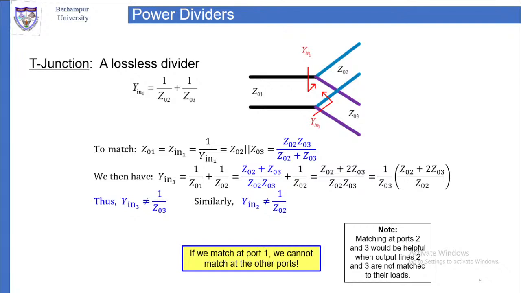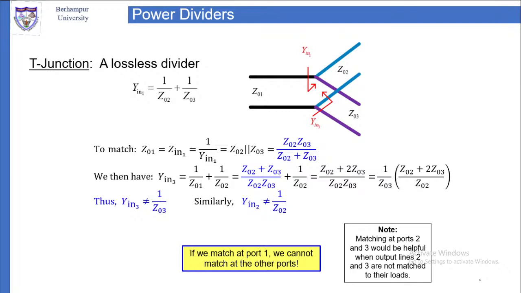Y in 1 is equal to 1 by Z01. When Y in 1 is equal to 1 by Z01, under that condition, Y in 3 is not equal to 1 by Z03 and Y in 2 is not equal to 1 by Z02.